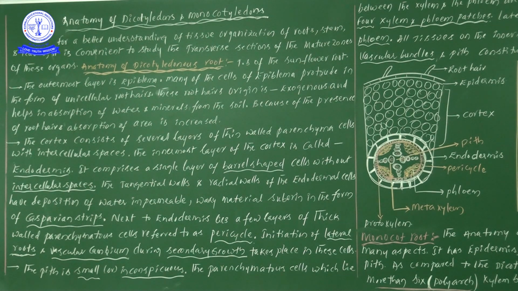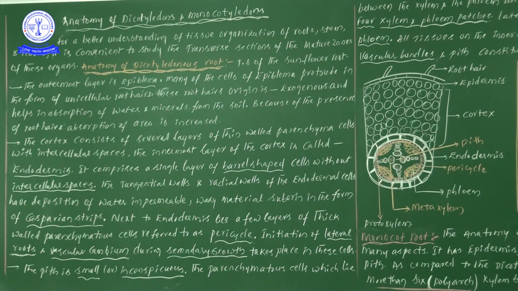But in young stages, or in normal roots before secondary growth, we could not find the presence of cambium. The same vascular cambium we can see during secondary growth, between the xylem and phloem.